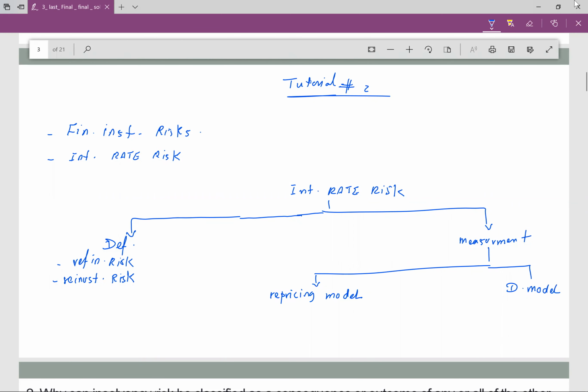Now, I choose not to cover the duration model in this tutorial, because this duration model, I want to talk about it more, so I saved it for the workshop. So whatever things that need more work and discussions, we will bring it to the workshop.